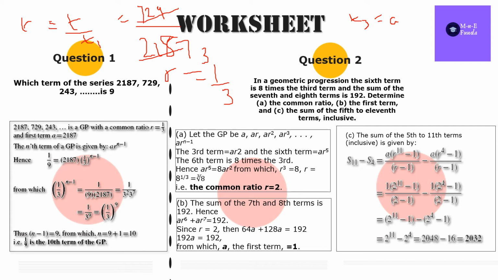So S11 equal to A(r to the power 11 minus 1) by (r minus 1), minus A(r to the power 4 minus 1) by (r minus 1), where r is 2. Now put the value here, we will get the result.